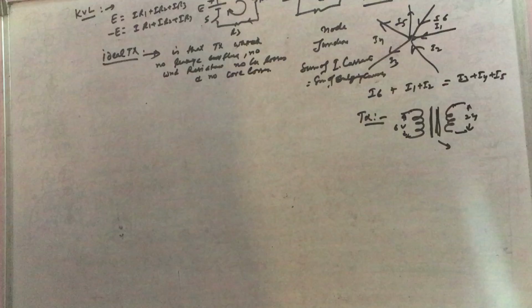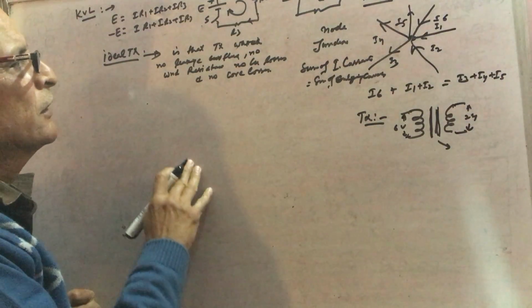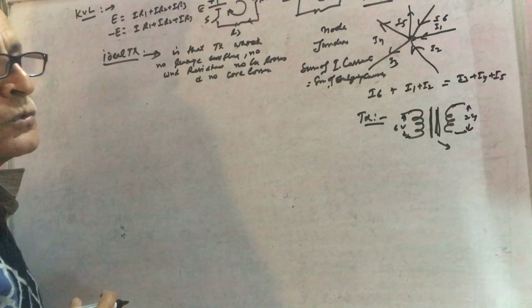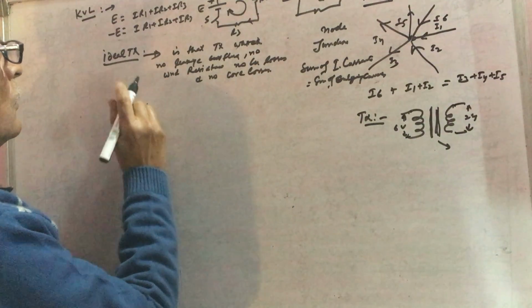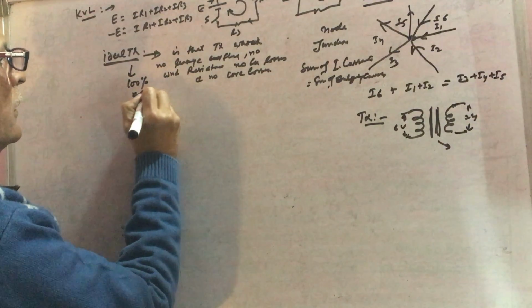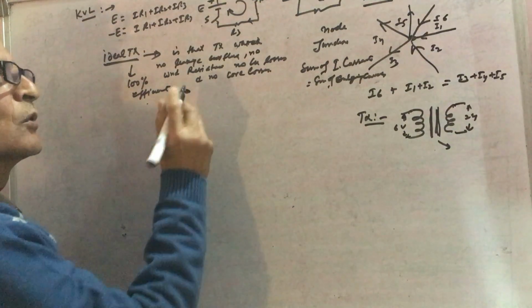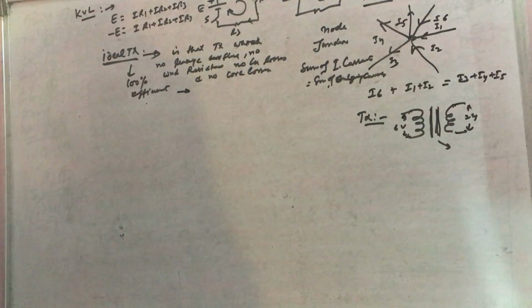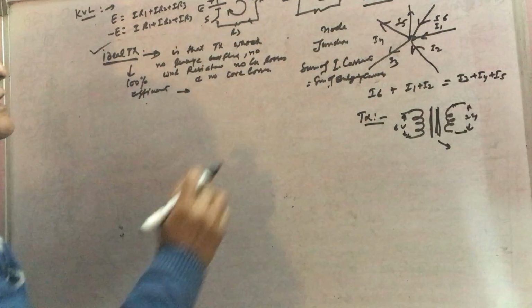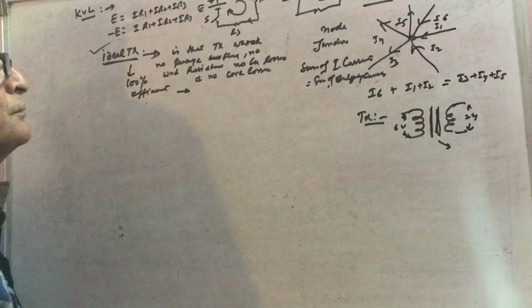So zero, everything is zero. Leakage flux, winding resistance is zero. So it is 100% efficient. We say ideal means 100% efficient, but this is not possible. Some losses are there in every system. So we can write that ideal transformer is that transformer which has no leakage flux, no winding resistance, no copper loss, and no core losses.